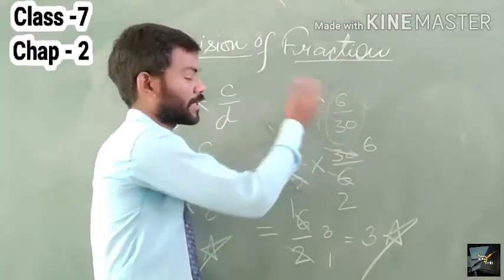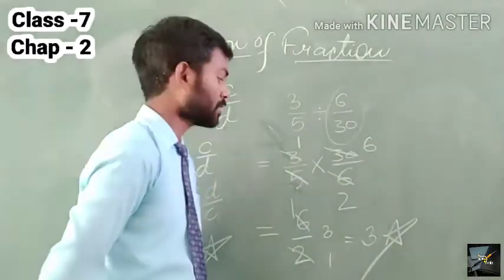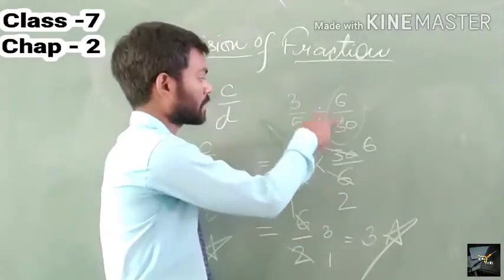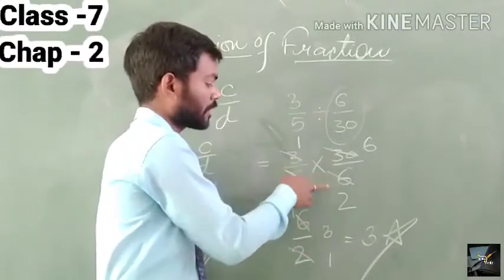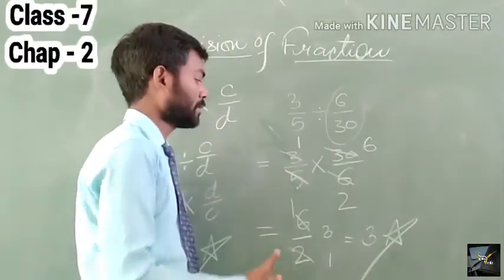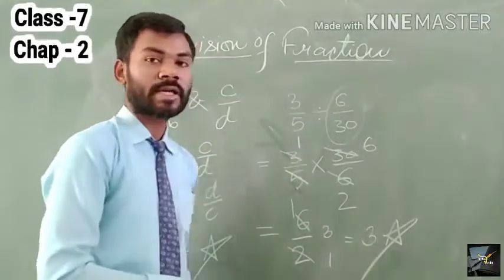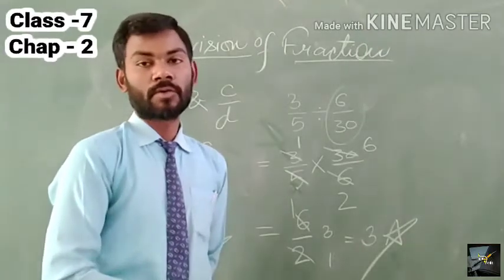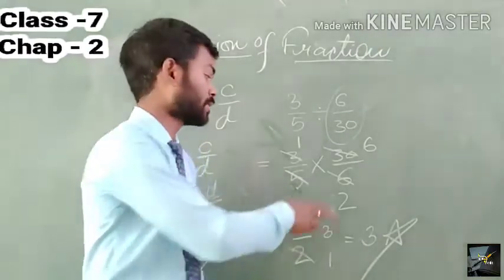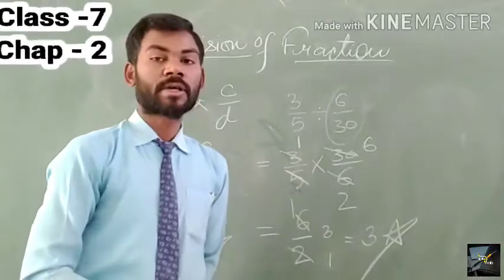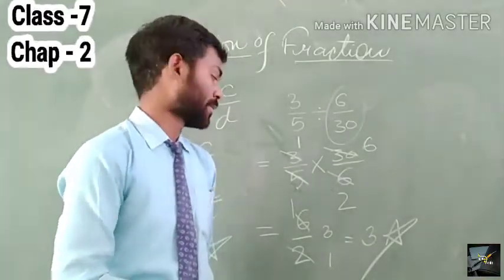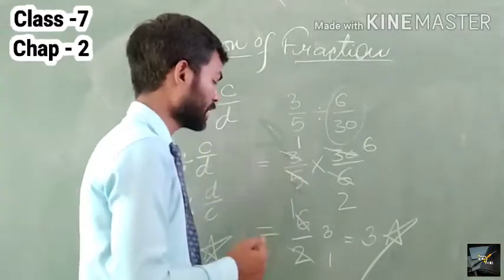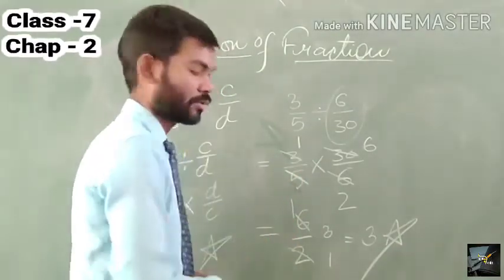Next, we write the reciprocal of the other fraction, that is 6 upon 30 can be rewritten as 30 upon 6, and now we cancel those numbers which are present in this expression as common factors. After the cancellation we get 6 upon 2.